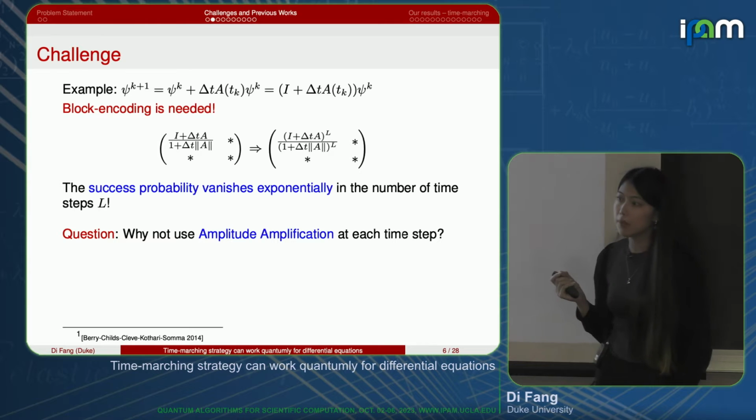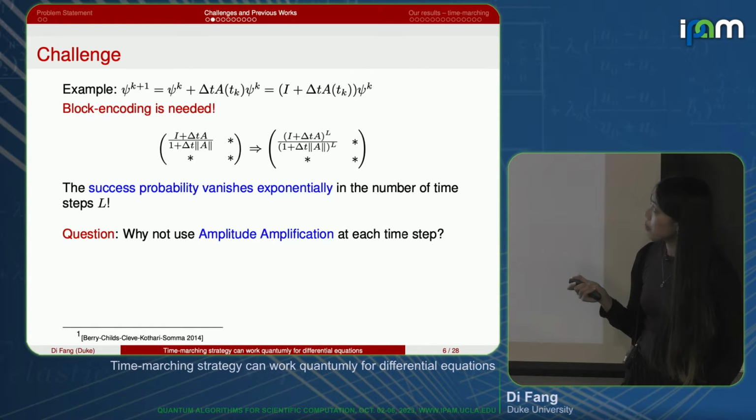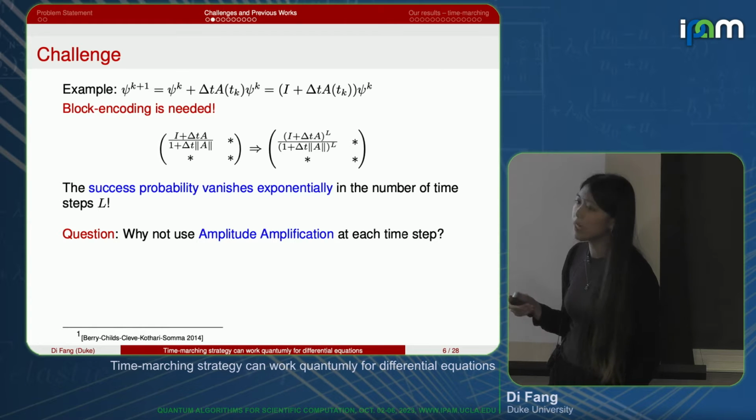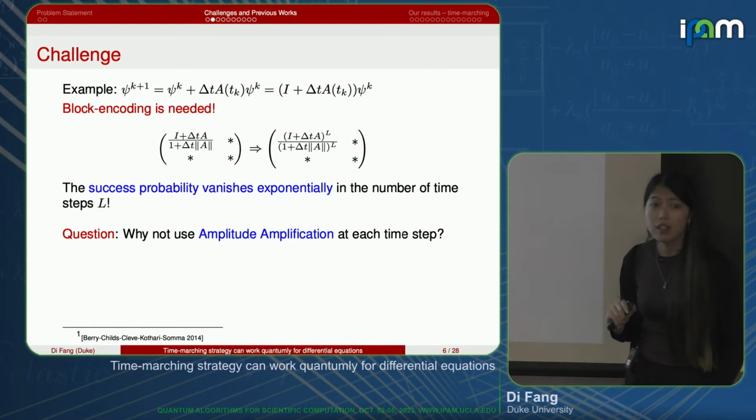There are L time steps in total. In other words, the subnormalization factor has an exponential in L blowing up. Well, you may wonder why this becomes an issue. When you apply it to a state, the success probability will be exponentially small. This is why historically in the literature, people have viewed this time marching strategy to be something that is infeasible if we want to implement it quantumly.